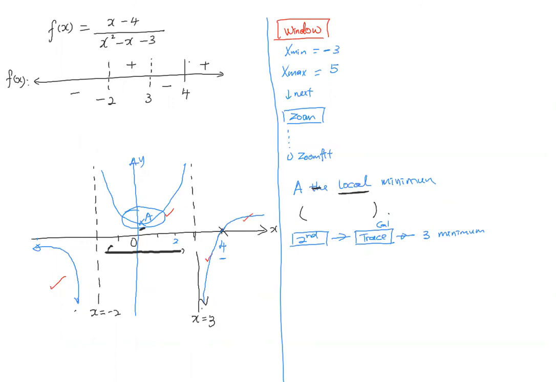Can I have the answer? X equals 1, y equals 1. I think my function is wrong. I copied it wrong, I think. It's not x minus 3, it's x minus 6.